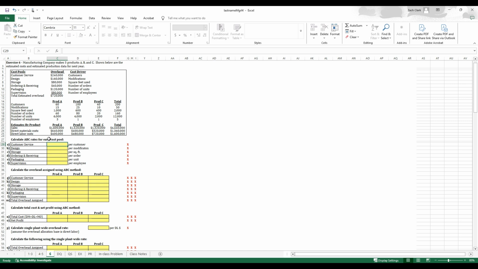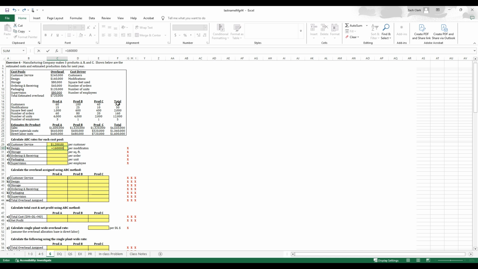Okay, so the first thing we want to do is calculate ABC rates for each cost pool. So again, we're looking at customer service, and so we're going to look at that per customer. Our total customer service estimated overhead is 240,000, and then we're going to divide that by the number of customers in total, 200. Okay, and then we're looking at design.